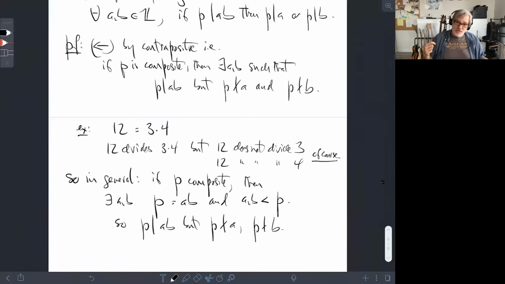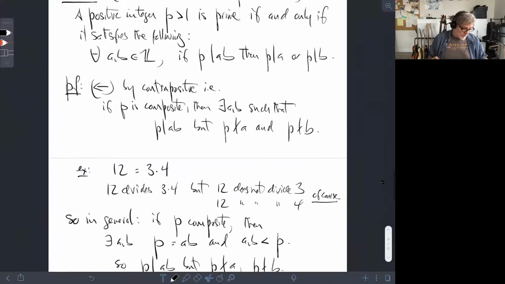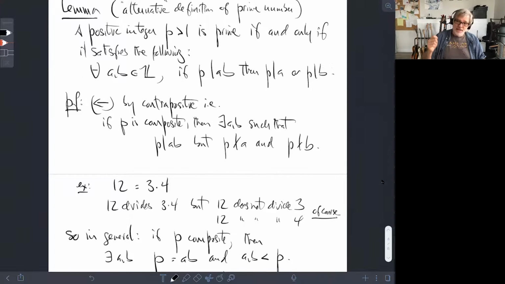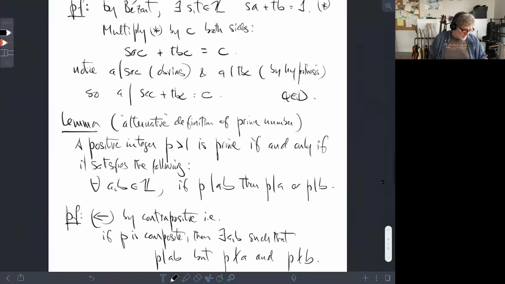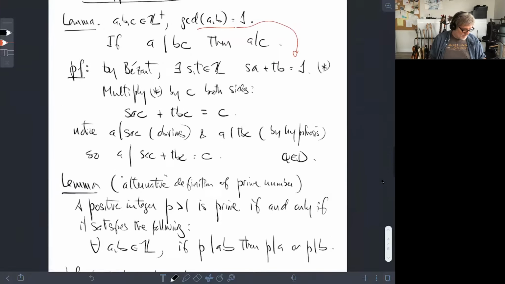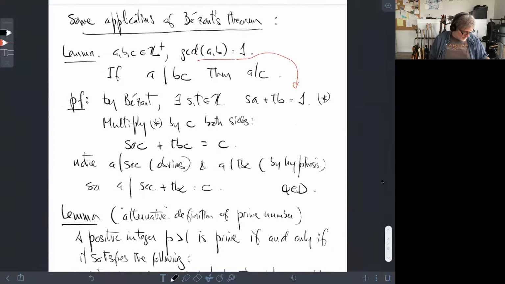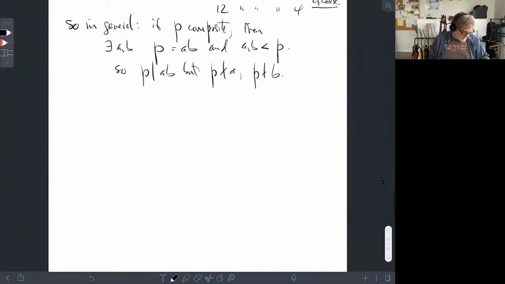So now I want to show the other direction. I want to show that if P is a prime, then it must satisfy this condition. Now, if you look at this, it looks a lot like the lemma we had earlier. I'm scrolling and you don't know where I'm going. So let's go here.